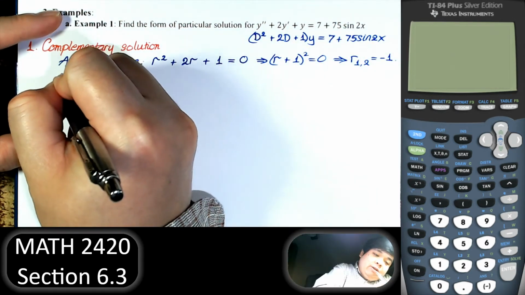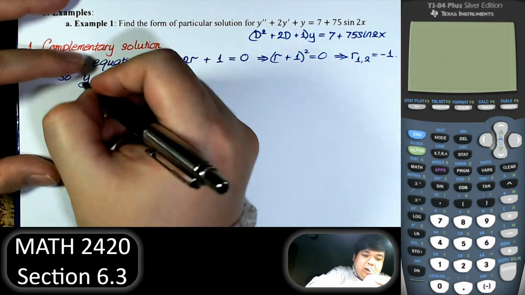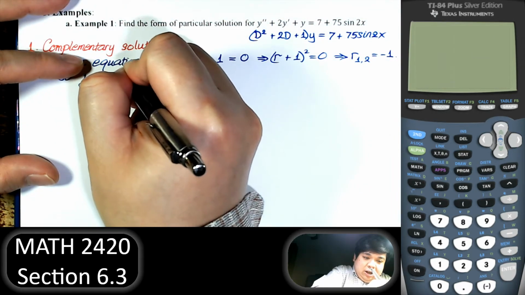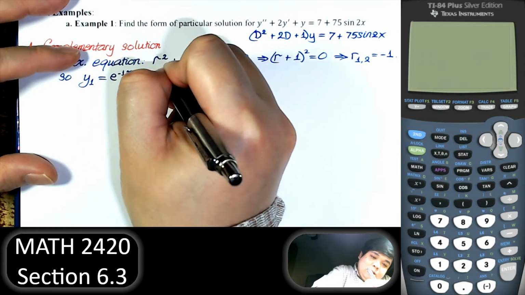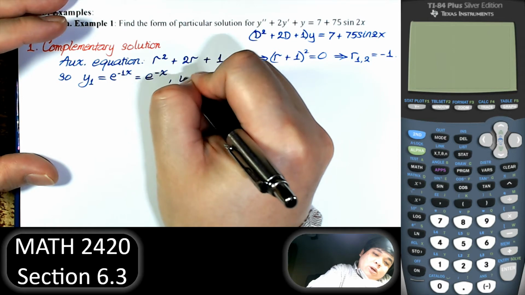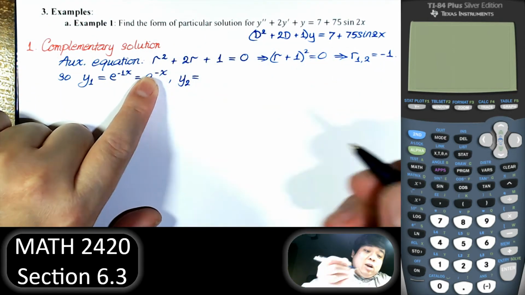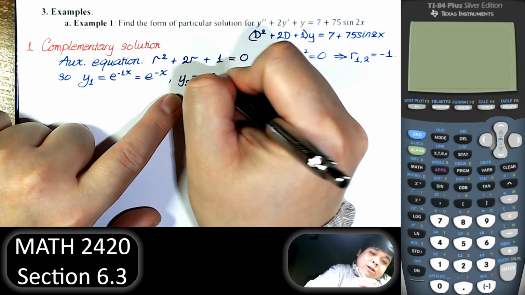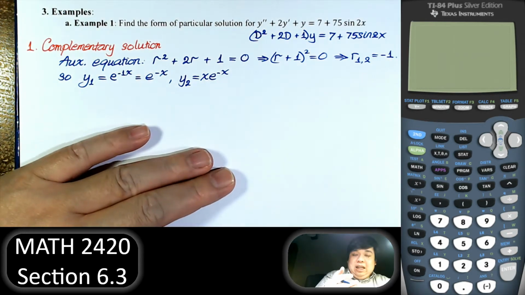So we have y1 equal to e to the -x, and y2 could be the same thing, but in that case it will not be linearly independent. So we have to stick an x to it to make it linearly independent.